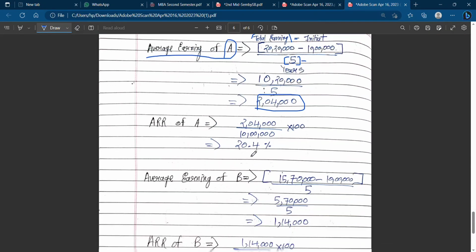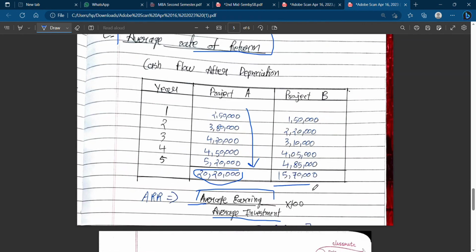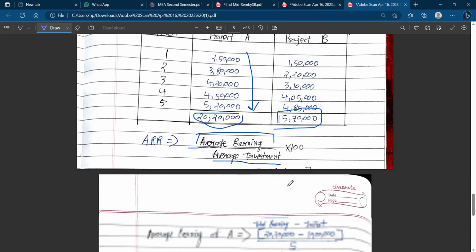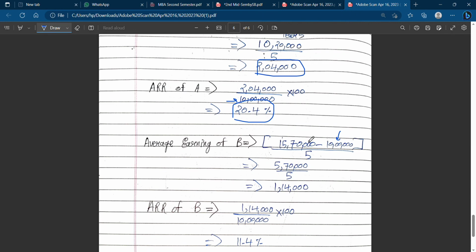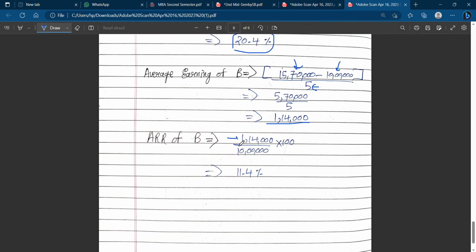Our initial investment was 10 lakh, so this average divided by 10 lakh, multiplied by 100, gives an ARR for project A of 24.4%. We calculate project B the same way: total earning minus the initial investment, divided by the time period gives the average, and dividing this by the initial investment of 10 lakh and multiplying by 100, we get 11.4%.